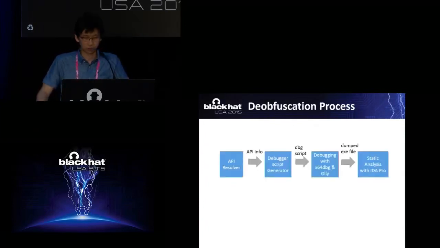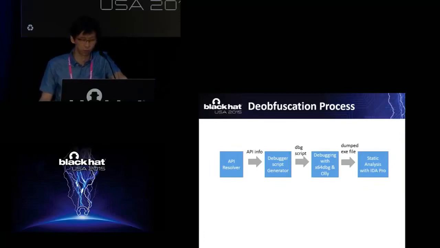The deobfuscation process is as follows. The API resolver, which is a Pin tool, gets API information and generates a text file. The API information in the text file is used by a Python script, the debugger script generator, which produces a debugger script.